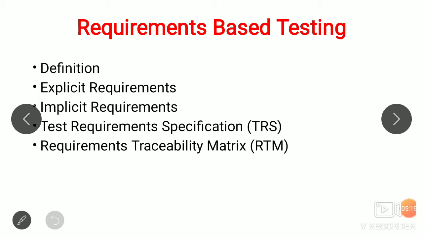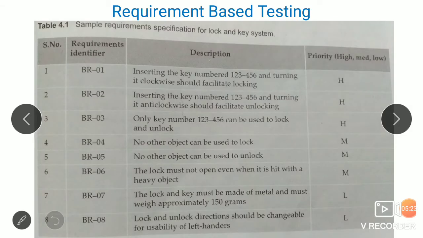Now we will see one example. As we have seen the example of the lock and key, we will take the same example for requirement based testing. We will see what the requirements for the lock and key example are and what the priorities for those are. As you can see in the slide, the first column of the table is the requirement identifier.